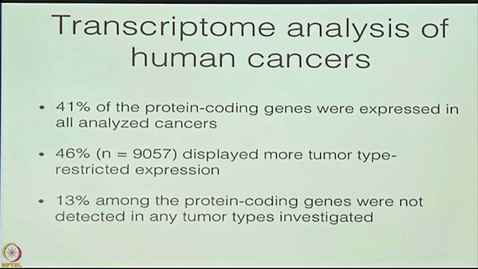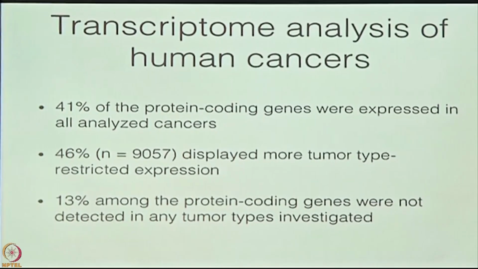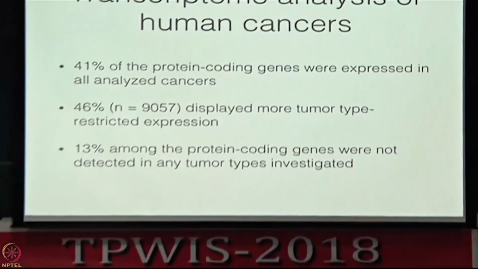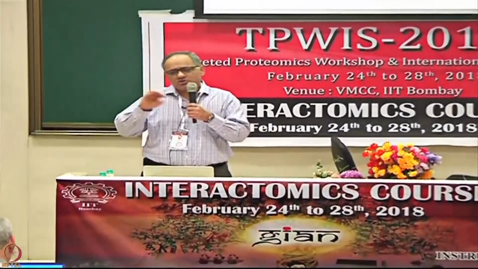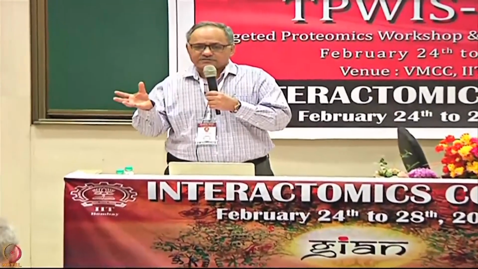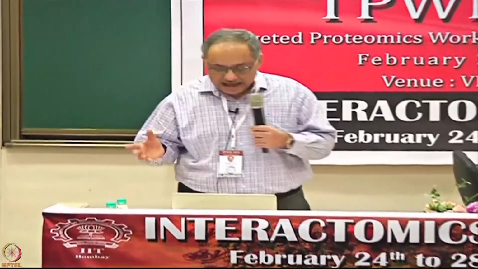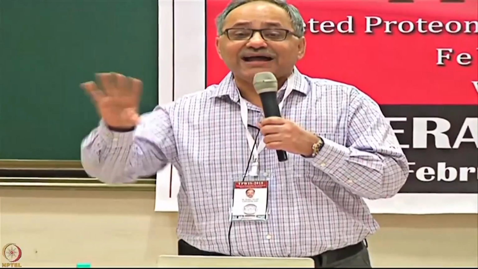Secondly, 46%, and this I consider to be very important at this stage of our research activity, showed a restricted type tumor expression. So in the tumors they were different, but when we compared it to normal tissues, those same genes were different. And 13% of the protein encoding genes were not seen at all.